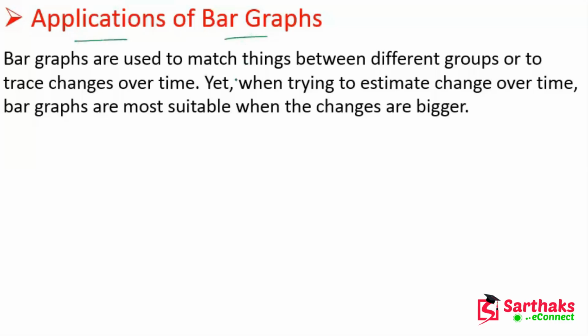Okay, so bar graphs are used to match things between different groups or to trace changes over time. Yet when trying to estimate change over time, bar graphs are most suitable when the changes are bigger.